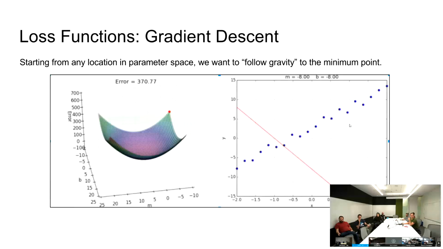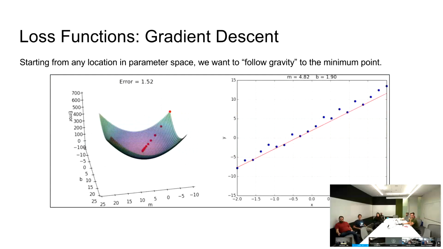So the idea is if you take an arbitrary model like this with a parameter combination that's here, you can see that it's got a fairly high loss. This is not a good model, but you can compute the slope of where you sit right here to move towards the bottom of the surface, and that's what gradient descent does. So you find the gradient of the slope, and then you move in that direction.